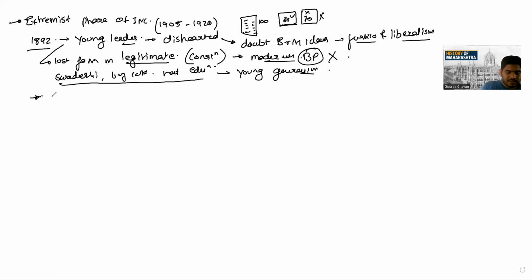So the idea of extremism was completely based on rejecting the old values or old-fashioned techniques. Whatever old-fashioned techniques the moderates were using, they said they need to completely get rid of this particular thing.